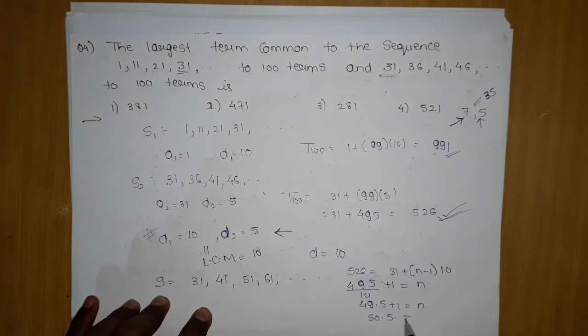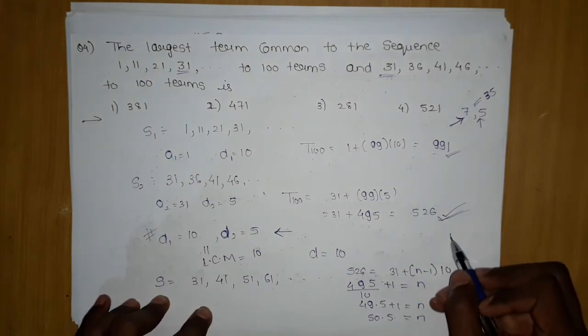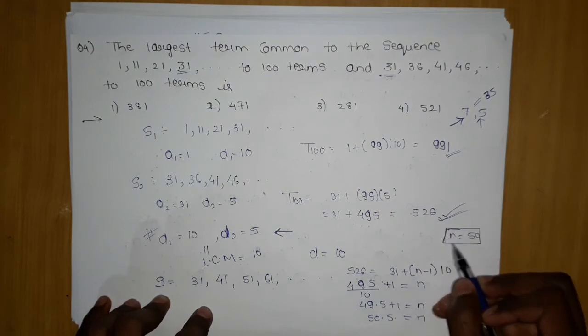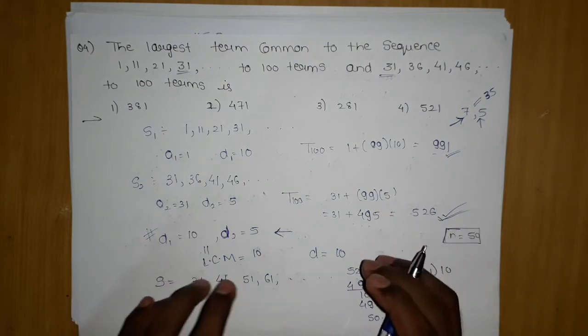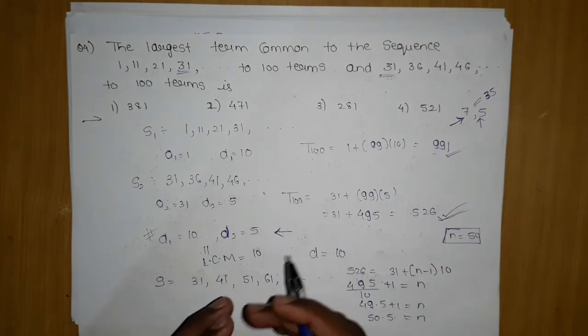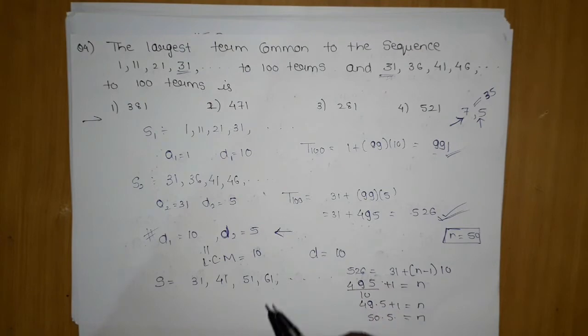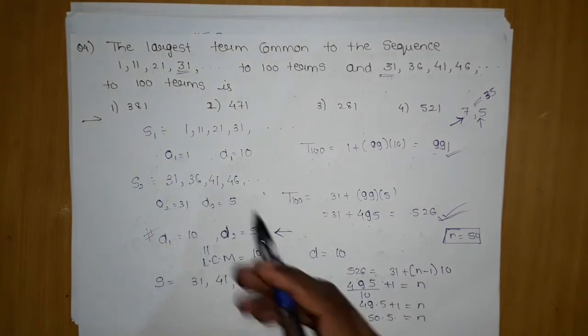When such n appears, you take the round of the value at n, 50. So at n 50, the nearby largest common term which will be present in the sequence, considering the common terms from both sequences S1 and S2.